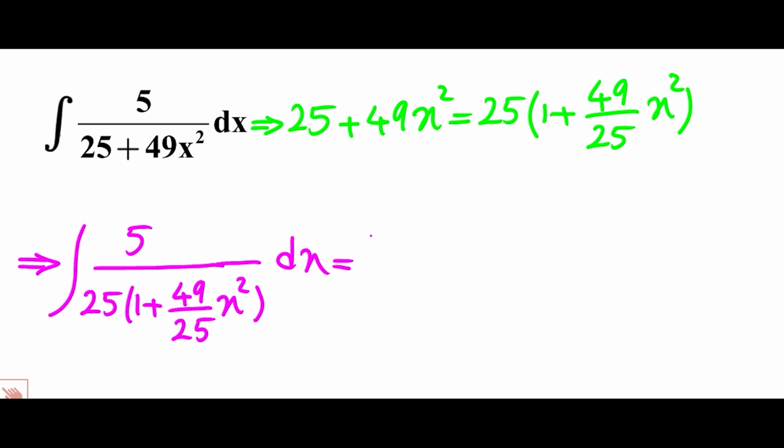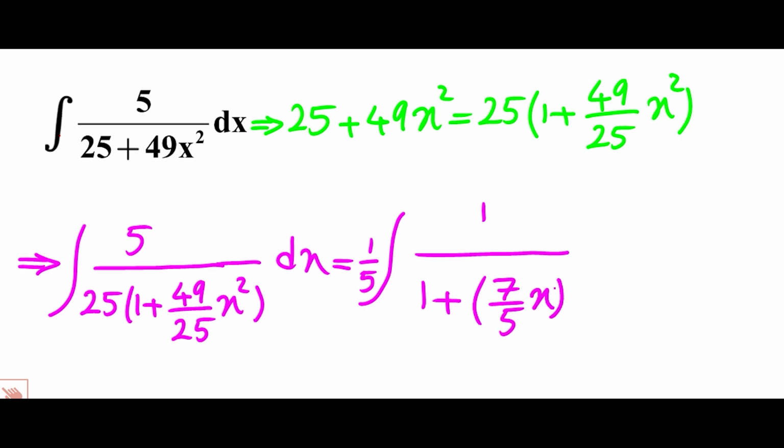So we have 5 over 25, which is 1 over 5, and 1 over 5 is a constant and we can pull it out of the integral. 1 over 5, the integral of 1 over 1 plus 49x squared over 25, which is 7 over 5 x, whole squared, dx.